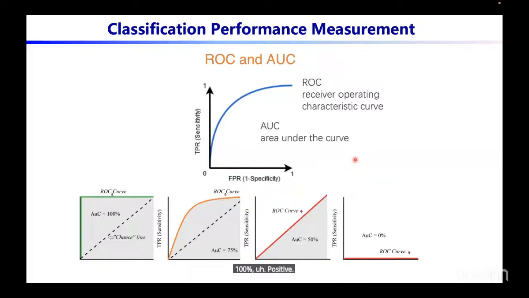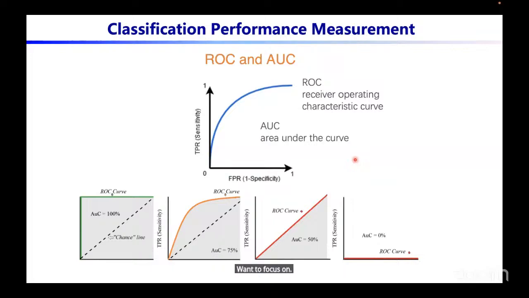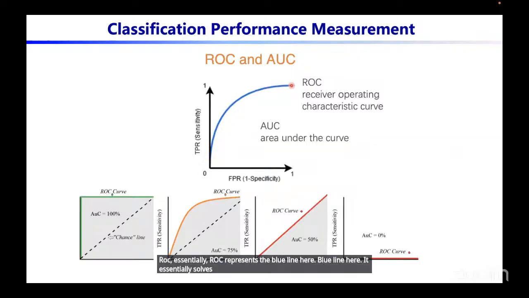So if you look at highly imbalanced data, you need to look at the variation of the performance if you want to focus on what happens to a particular side. The ROC, represented by the blue line here, essentially solves the problem I just mentioned, the highly imbalanced data.